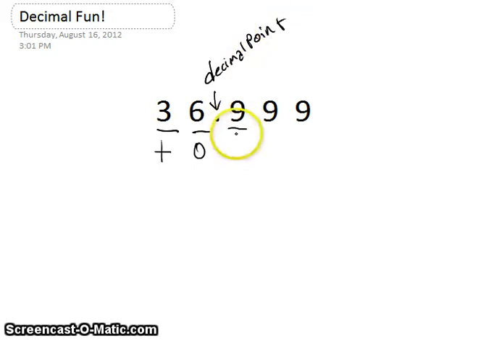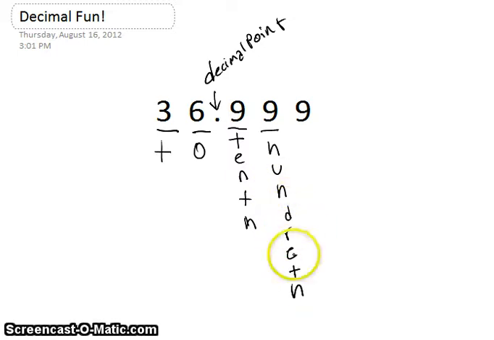This is a tenth. Notice that it's different from tens. This is a hundredth. And this is a thousandth. It goes on like this: ones, tens, hundreds, thousands, 10,000s. It goes on, but it skips the ones after the decimal.